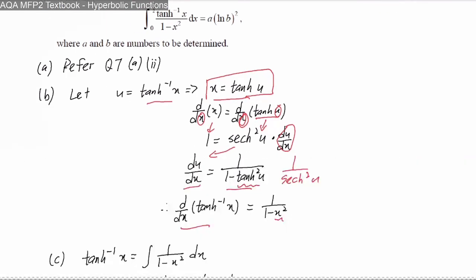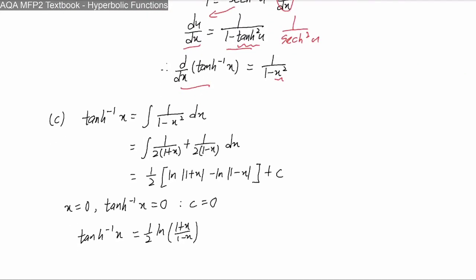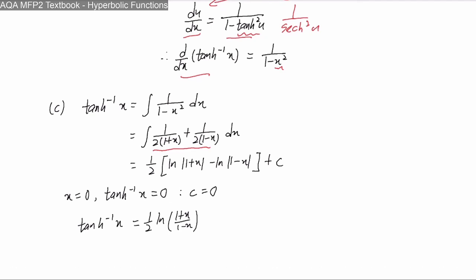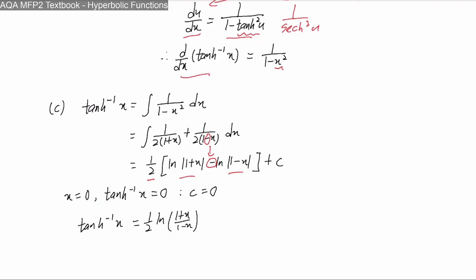What we need to do is find the partial fraction for 1 over 1 minus x squared, which is given by this form. After we integrate this, we actually have a half and two ln terms. We have to be careful, because one mistake we always make is with the negative x: after we integrate, it gives us a negative.